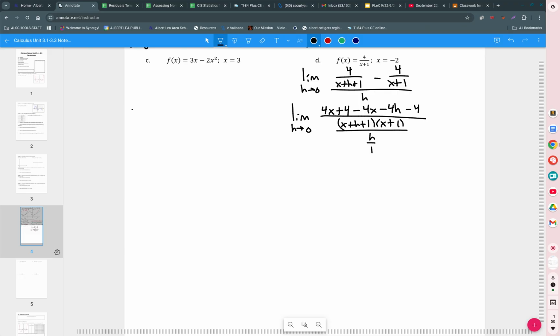So this was my son last night, and he got yelled at at this moment. He did not write the h over 1. He said, I'll just deal with that later. And then he didn't write the limit as h goes to 0 either. His final answer was something like h plus 1 over negative h. And then I yelled at him again.